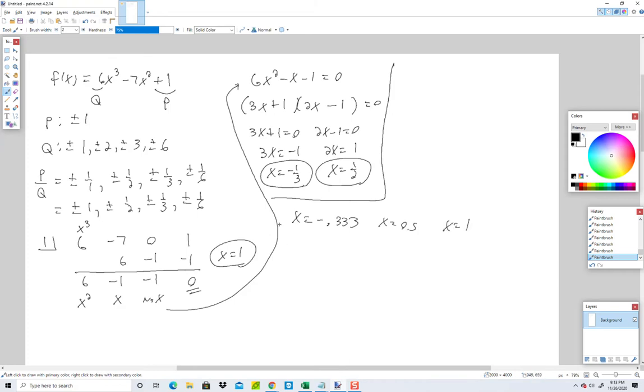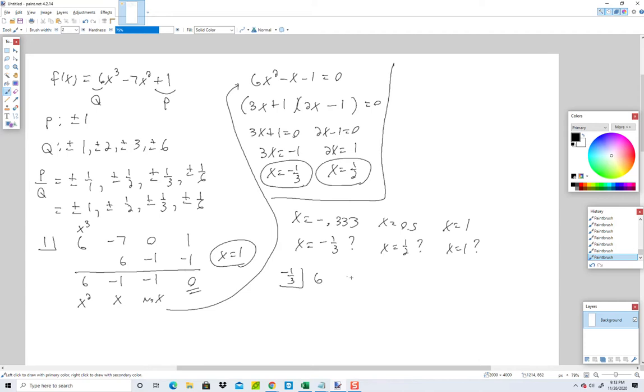You never want to work with decimals. So I would propose that negative 1/3 is one of my answers, that 1/2 is one of my answers, assuming rounding worked, and that x equals 1 is one of my answers. How would I determine this? Plug these into synthetic division.